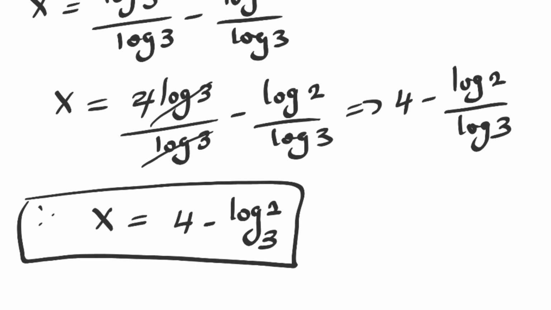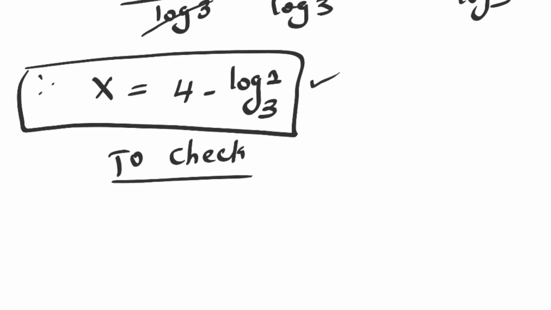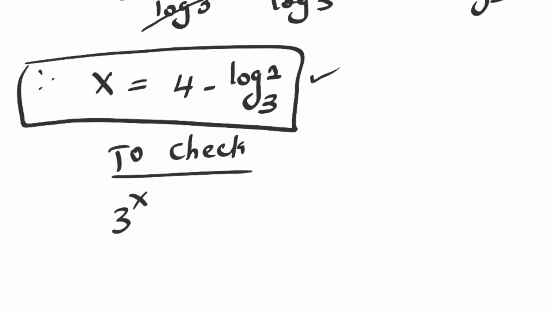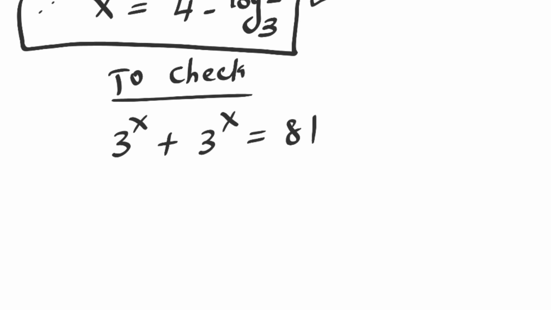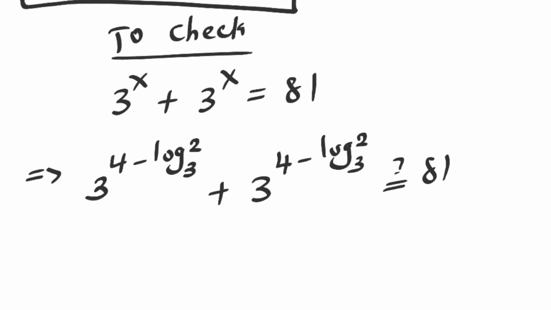We may check to confirm if this answer is right or wrong. Let's check. To check, we have the given equation 3 raised to power x plus 3 raised to power x is equal to 81. This can be written as 3 raised to power 4 minus log 2 base 3 plus 3 raised to power 4 minus log 2 base 3 must be equal to 81.